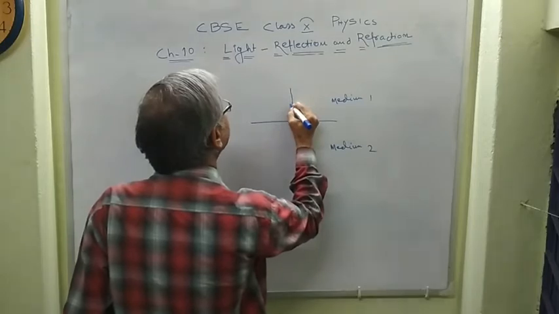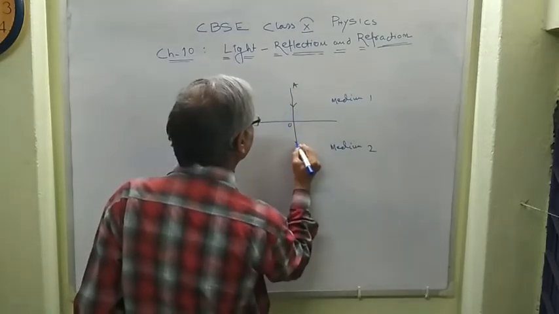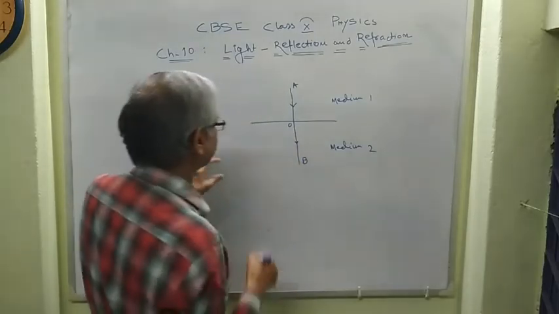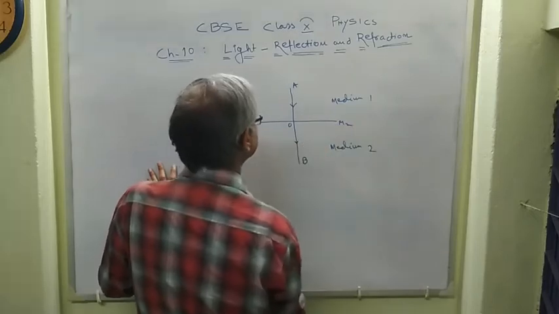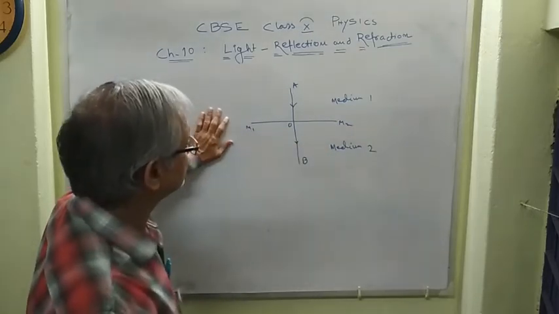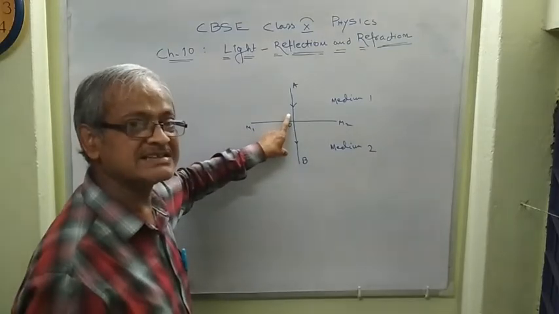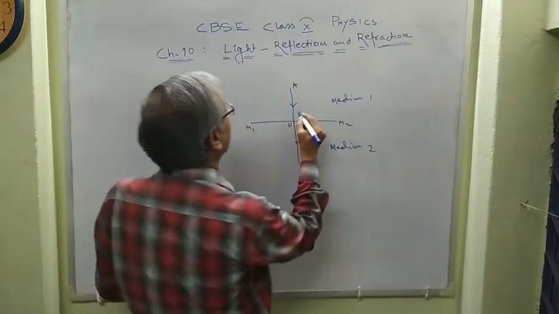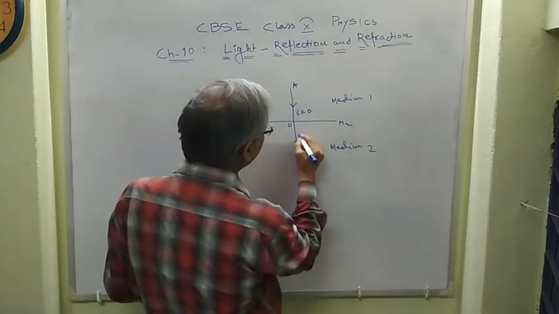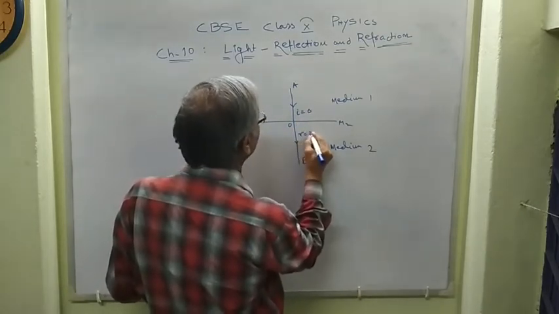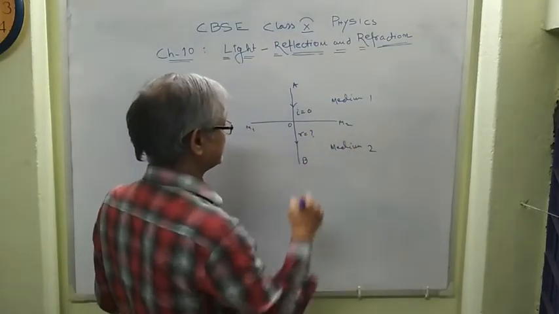The incident ray AO will be refracted along OB. This is the M1, M2 or S1, S2 refracting surface, right? Here we see that angle of incidence I equal to 0. R will also be 0. We see how. And this is medium 1, this is medium 2.